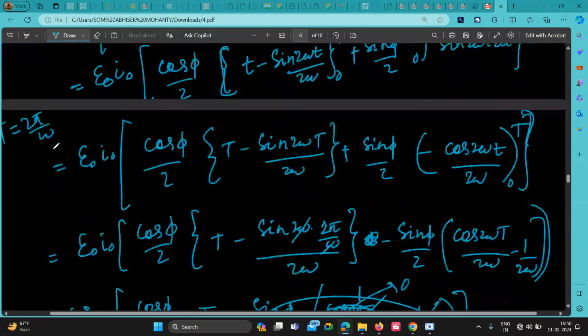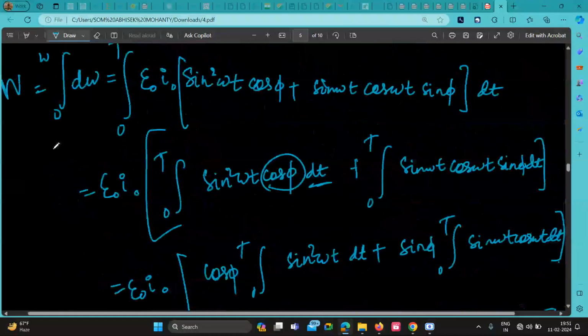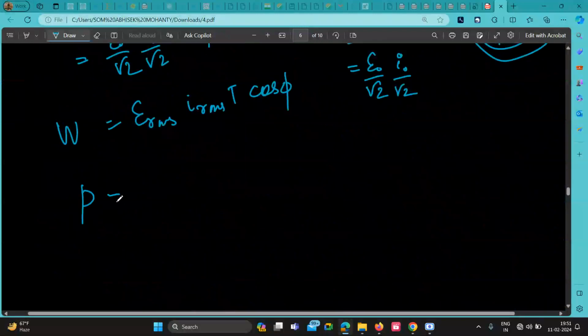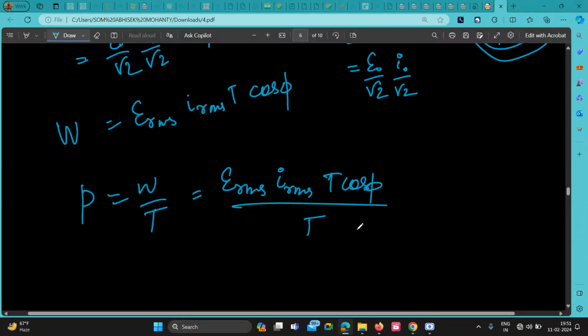This is only your work now. W. We were calculating W on the left side. Yeah, W. What is power then? Power is W by time. So ERMS, IRMS, T cos phi by T, that is ERMS IRMS cos phi. Is that alright? This is your power.